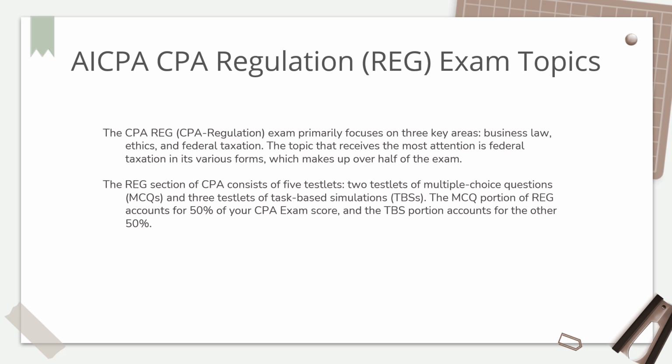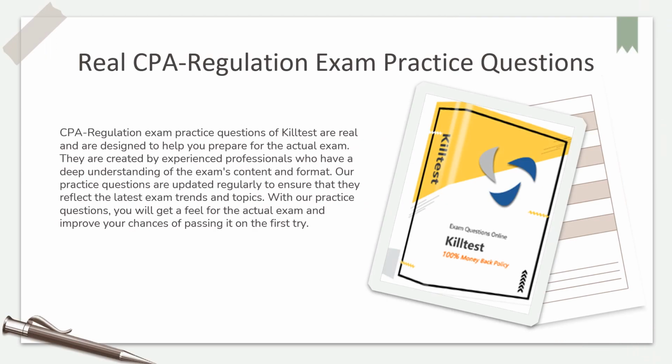The Reg section of CPA consists of 5 testlets, 2 testlets of multiple-choice questions, MCQs, and 3 testlets of task-based simulations, TBSs. The MCQ portion of Reg accounts for 50% of your CPA exam score, and the TBS portion accounts for the other 50%.